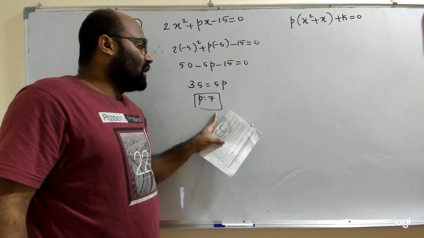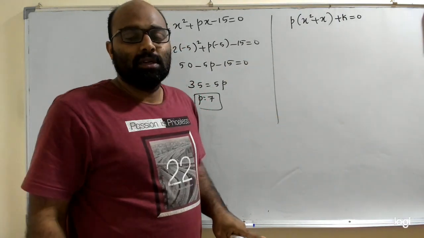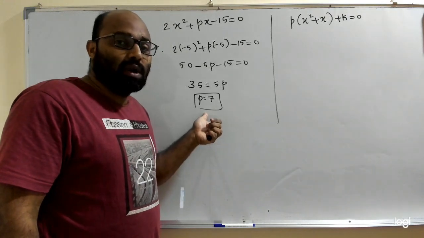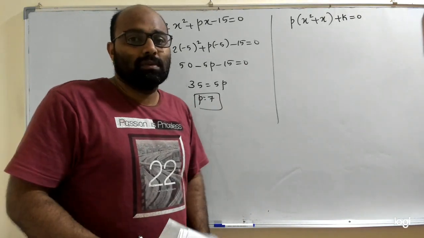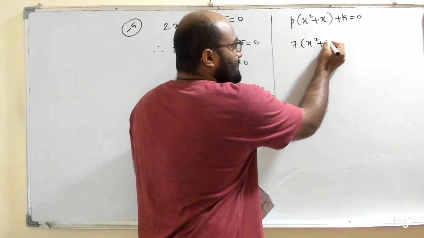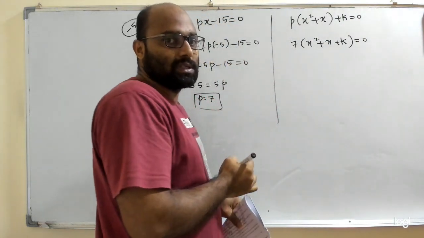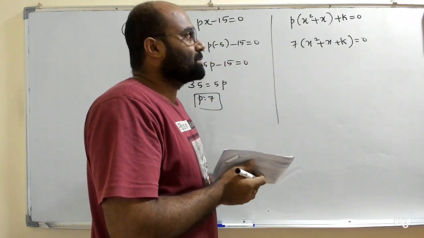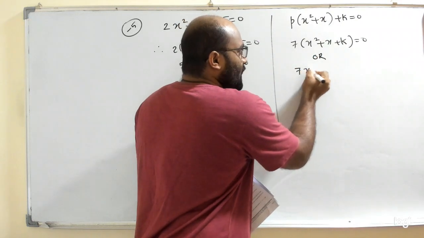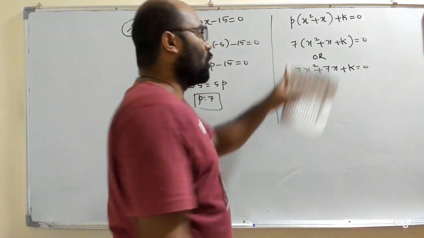So we got the value p equal to 7. The second equation becomes, we substitute p equal to 7 here: 7 into x square plus x plus k equal to 0, or we can say 7x square plus 7x plus k equal to 0, after opening the bracket.